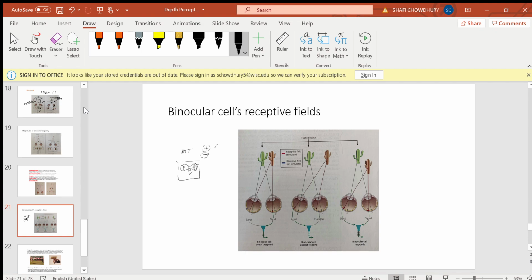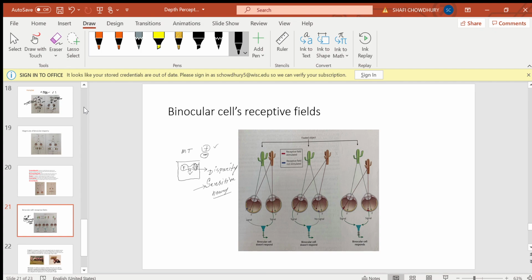And you see how these disparity sensitive neurons respond. Different neurons respond to different disparity.